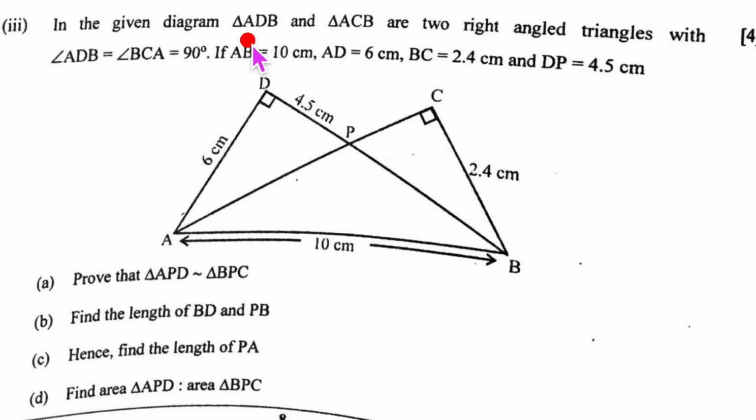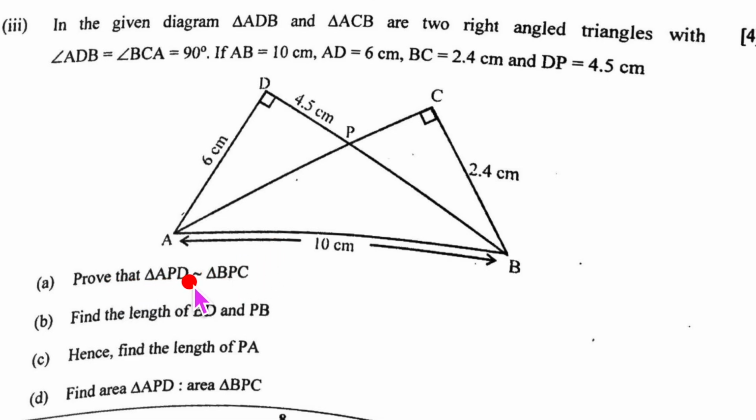The third part: triangle ADB and triangle ACB are two right angle triangles, and the angles ADB, this one is 90, and BCA, this one is 90. AB is 10, AD is 6, BC is 2.4, and DP is 4.5.